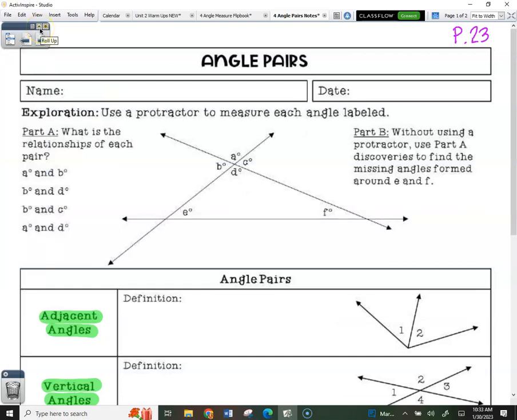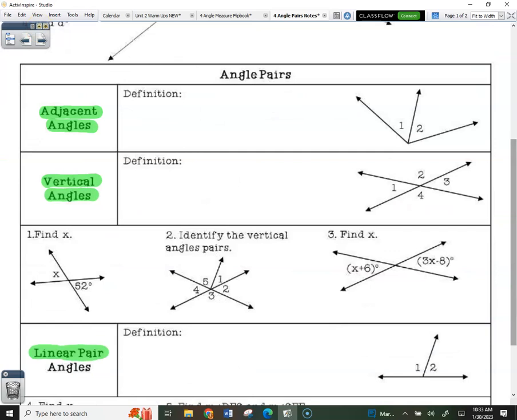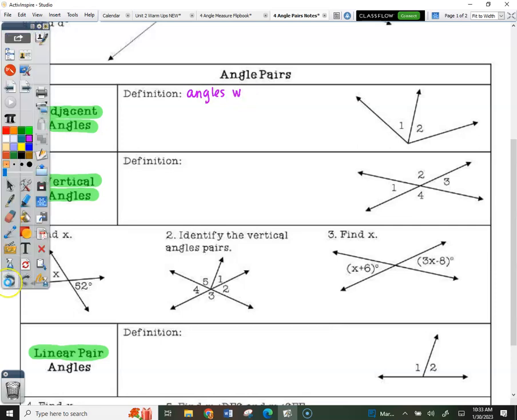Hold on, I got this. Here we go. All right, it is angles that share a common ray.